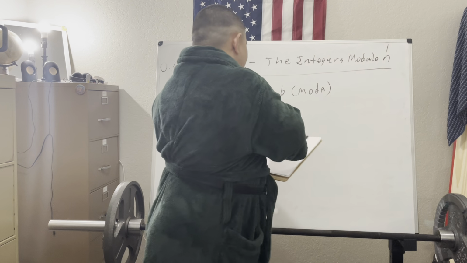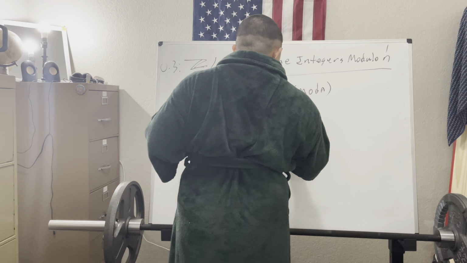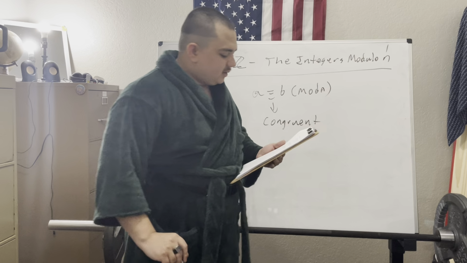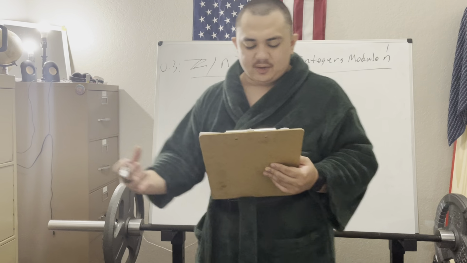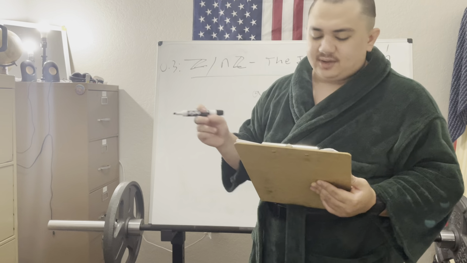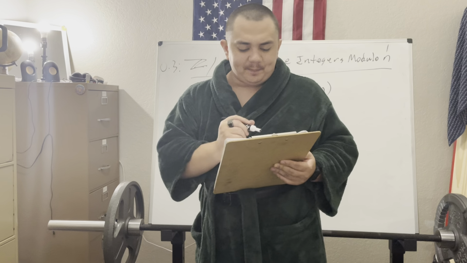Yeah, that's what this is, congruence. A is congruent to B mod n. The idea itself is older. The Chinese remainder theorem dates back to Sun Zi from the 3rd to 5th century AD.